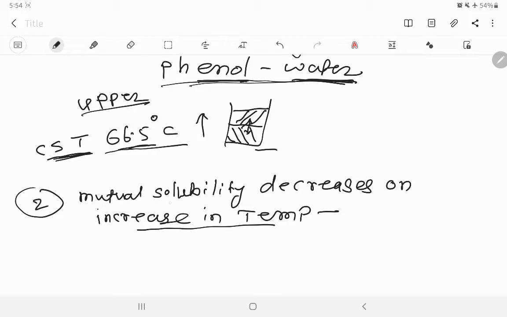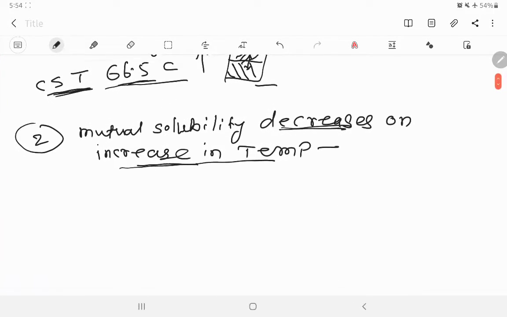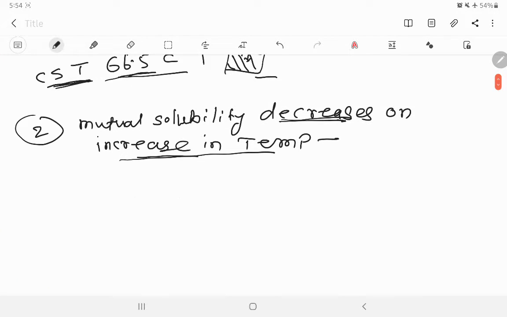Mutual solubility decreases on increase in temperature. And the best example of this system is the triethylamine water system.